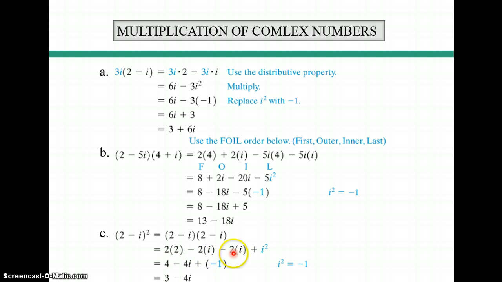They are the imaginary parts, so we add them. So we have minus 4i, and i squared equal to minus 1. So replace i squared with minus 1. So here the two real parts 4 and minus 1, subtract them. So we have 3 minus 4i.